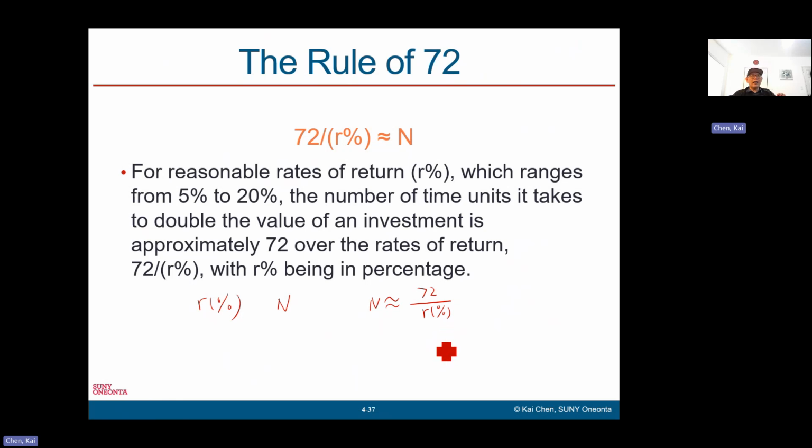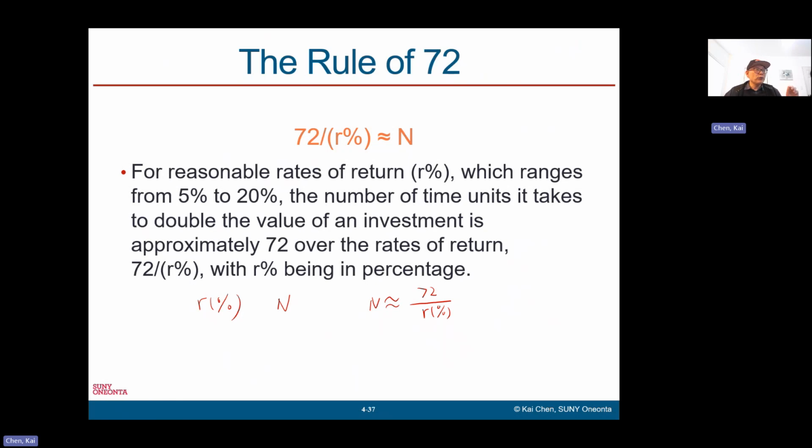And the third point, it is better for R to fall in the range between 5 to 20%. If R falls in this range, then we can have a reasonable approximation. If R is out of this range, then the accuracy would be a problem. We call this the rule of 72.